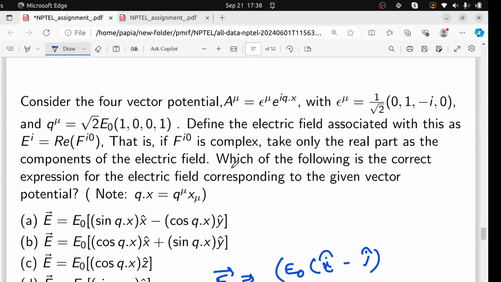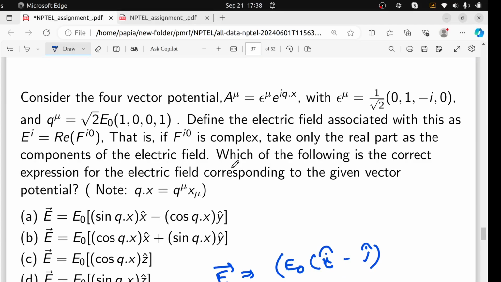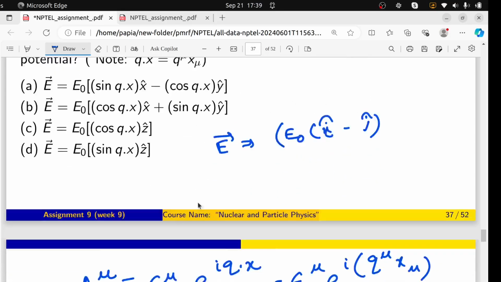Now coming to the next one: consider the 4-vector potential A mu, which is this one with epsilon mu and Q mu. Here they were asking, if Ei is the real part of Fi0, then what will be the value of Ei, the E vector?